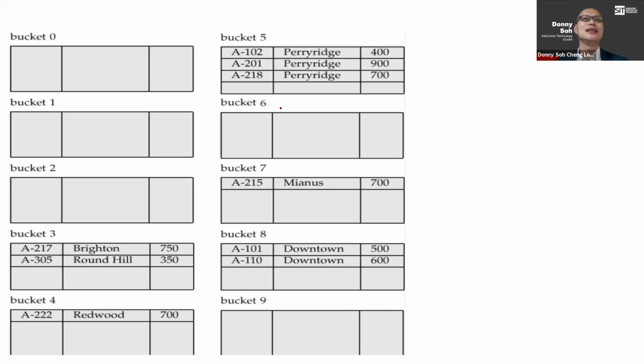So in this case, what probably is happening is that we are hashing based on this attribute, and so records of the same attribute get pushed into the same bucket.